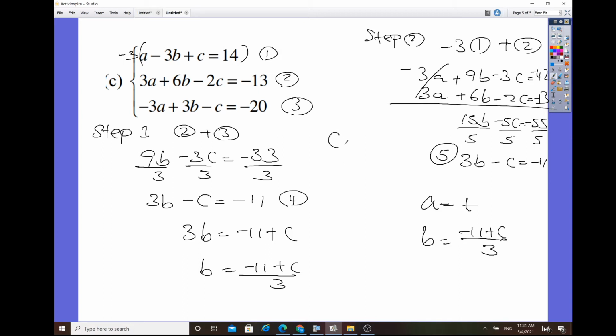For c, we can just say it's negative 3a plus 3b, using the third equation, plus 20.